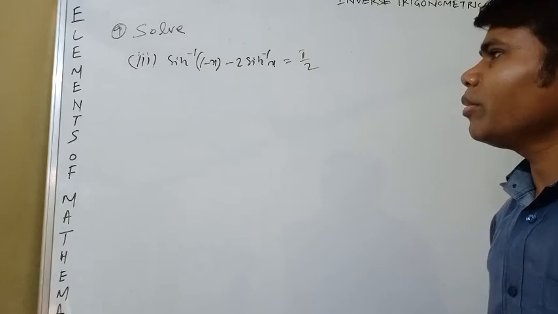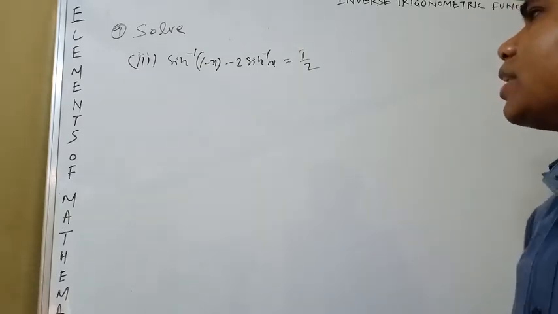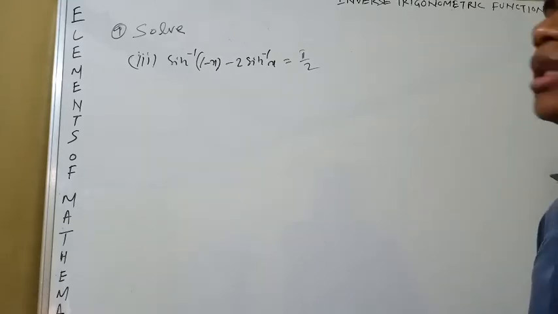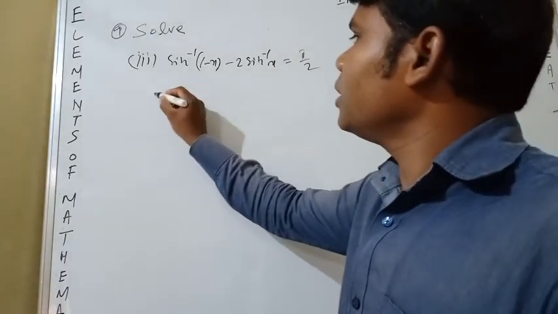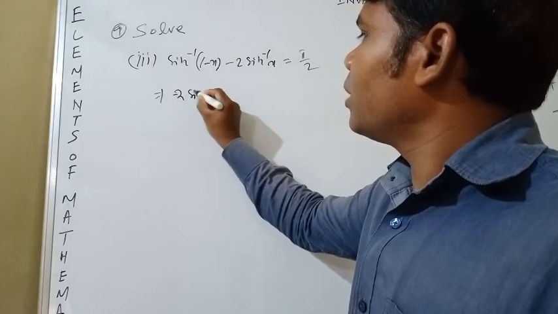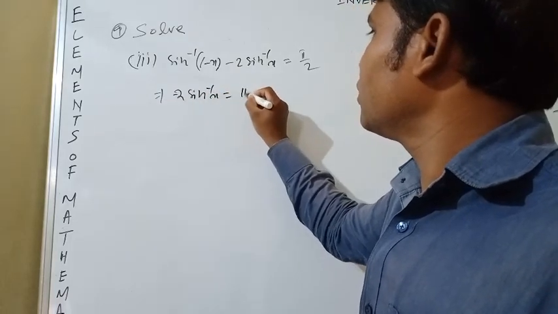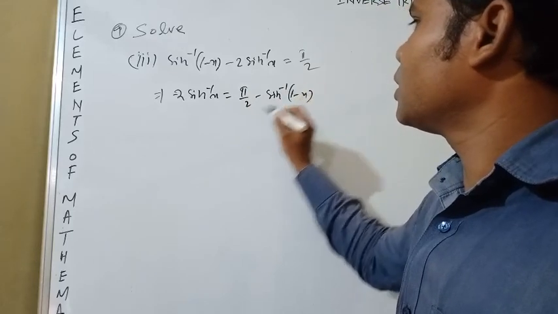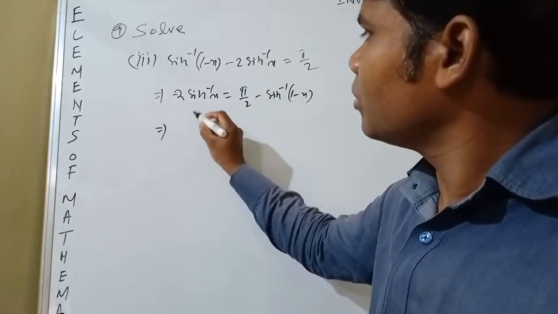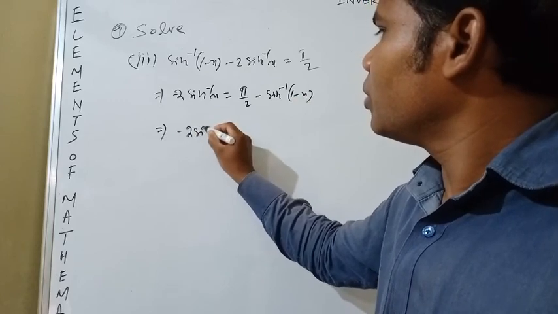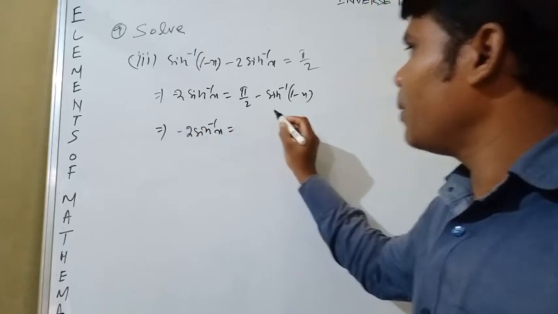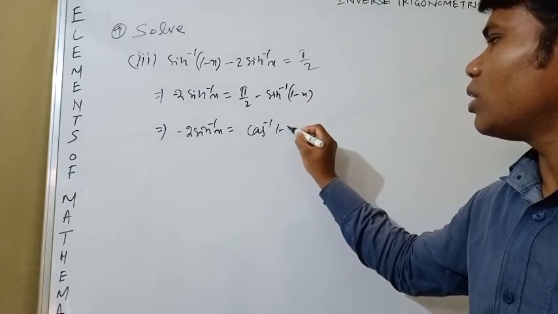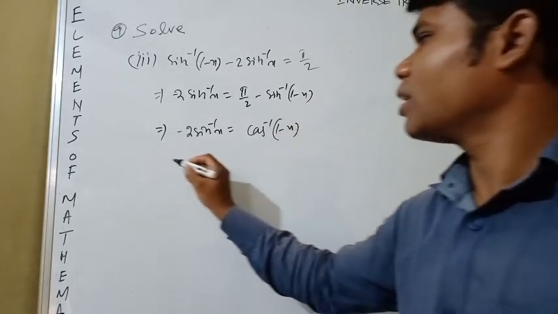You see the next problem. Solve sin⁻¹(1 − x) − 2 sin⁻¹x = π/2. Solve means we have to find the value of x. Here you see, −2 sin⁻¹x = π/2 − sin⁻¹(1 − x), that is cos⁻¹(1 − x).